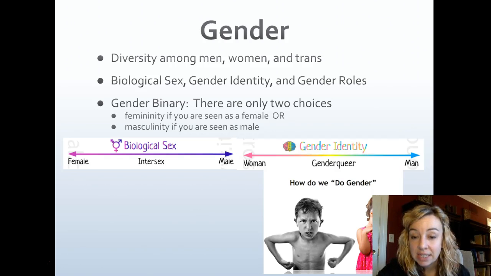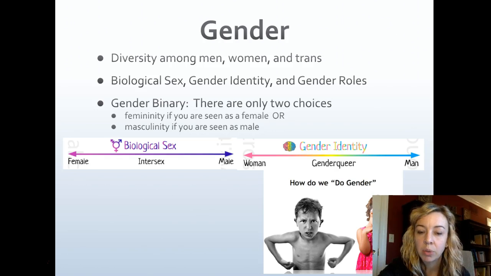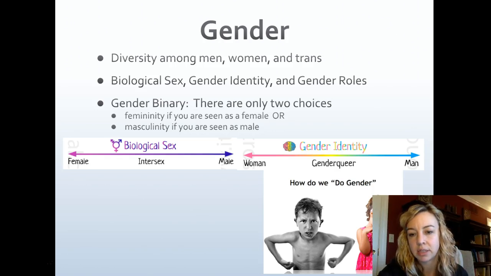And then gender identity is, we also assume that how you think and feel about yourself, if you are female, you will think and feel about yourself as a woman, and if you are biologically male, that you will think of yourself as a man. But there can be all kinds of combinations here, and these are just the expectations that we live with because we live in a world with a gender binary.